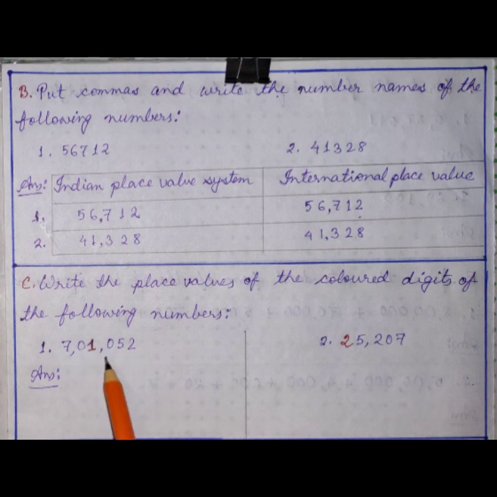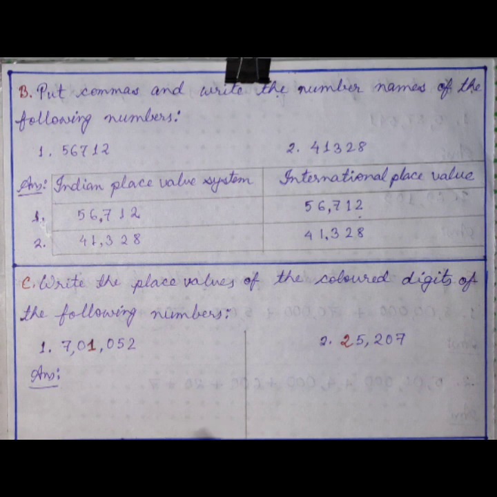In the Indian place value system only we put the comma first, starting from the right side, after 3 digits, then after 2 digits. So it is given in the Indian place value system, and this one also is in the Indian place value system.